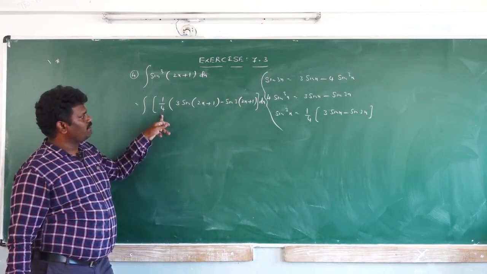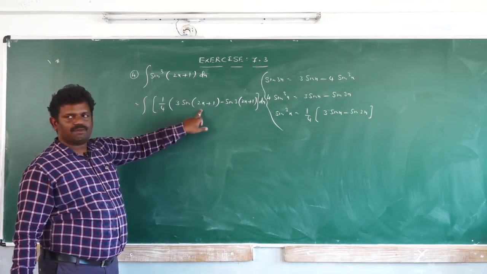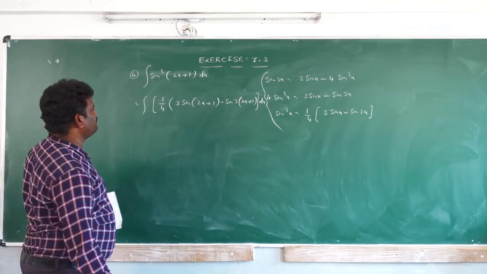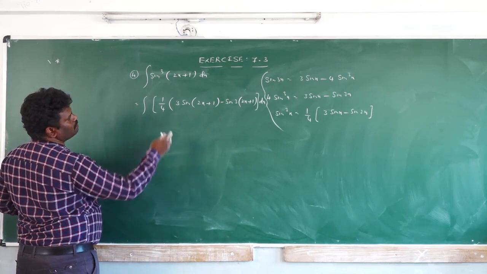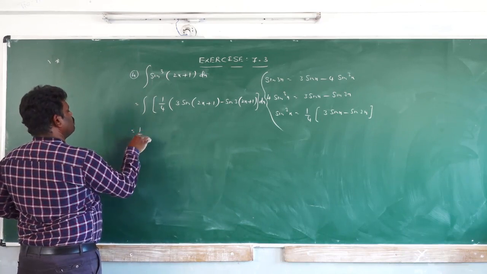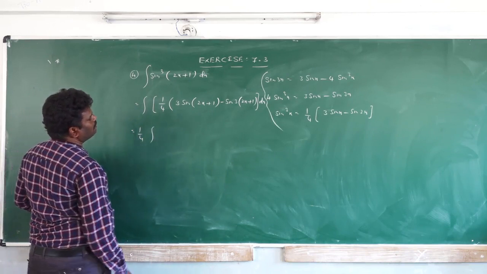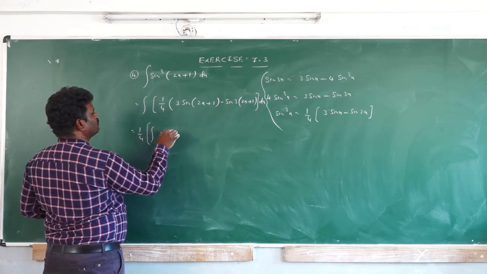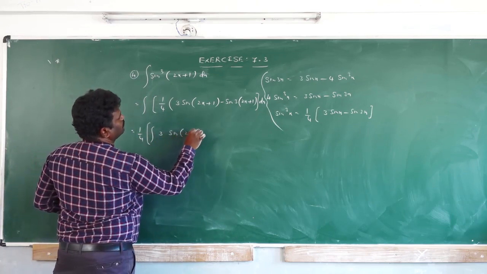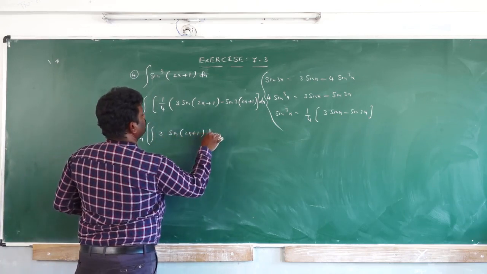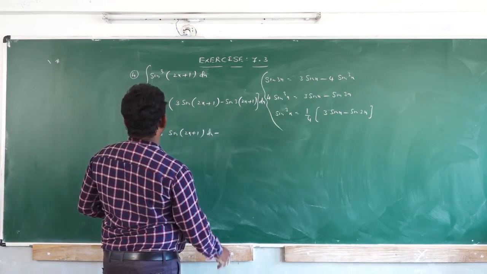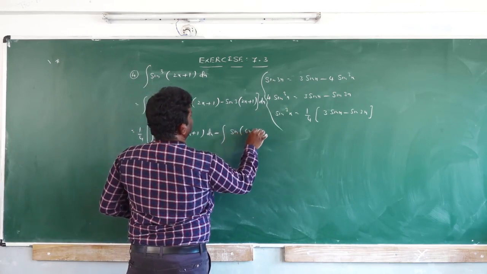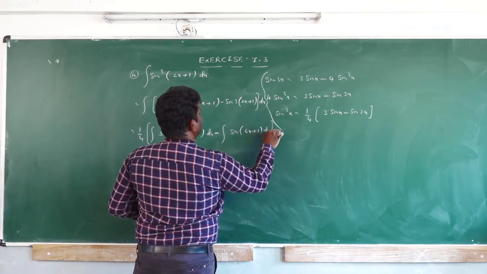Now add here 1 by 4, 3 sine x, where x means 2x plus 1, minus sine of 3 into 2x plus 1 value. Now we are applying the integration. So 1 by 4 common, total term 1 by 4 outside, 1 by 4 integral 3 into sine of 2x plus 1 into dx minus integral of sine of 6x plus 3 into dx.